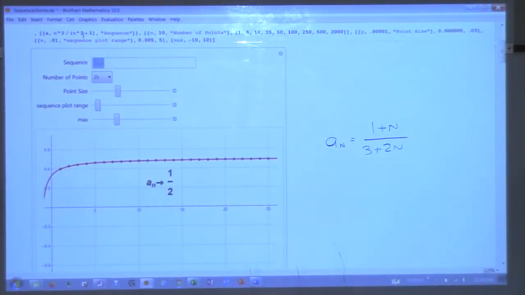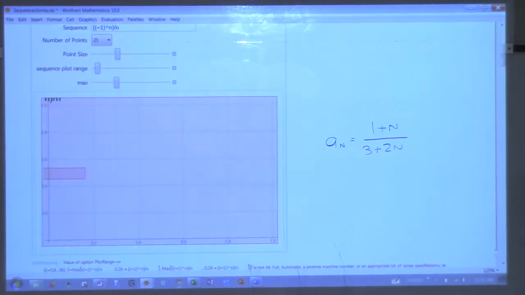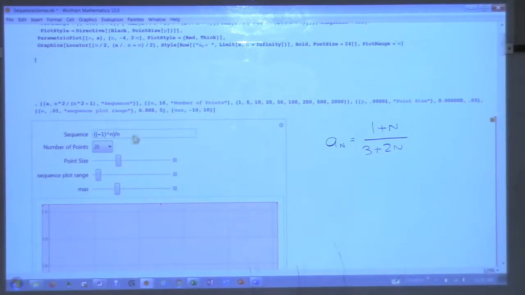So let's do -1 raised to the n. And let's divide that by n. Okay, I need to reevaluate this code.